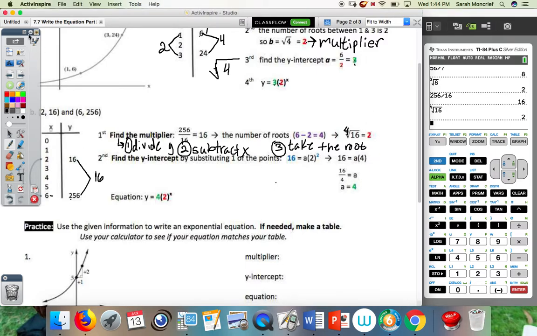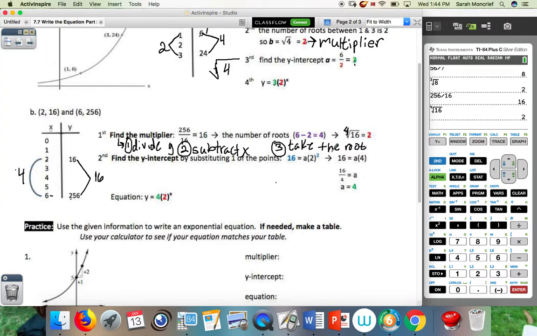Now, since we found our multiplier, we need to find the y-intercept. So one way we can do it in order to find the y-intercept is by plugging in one of the points into our equation that we have so far.